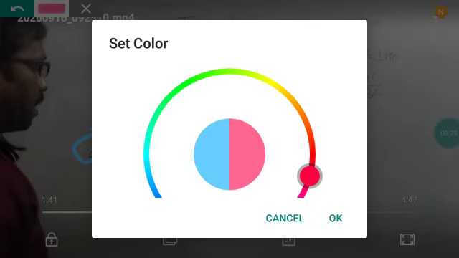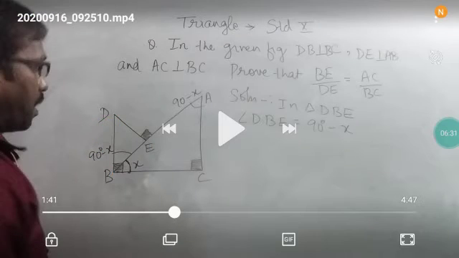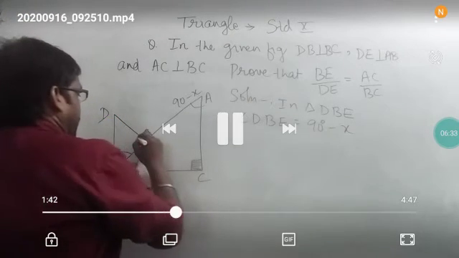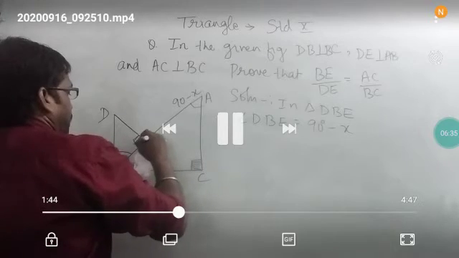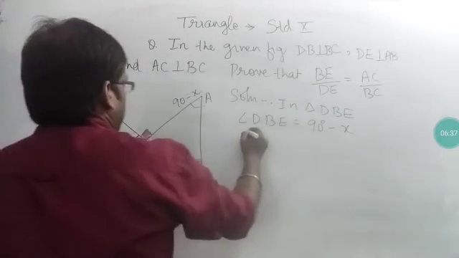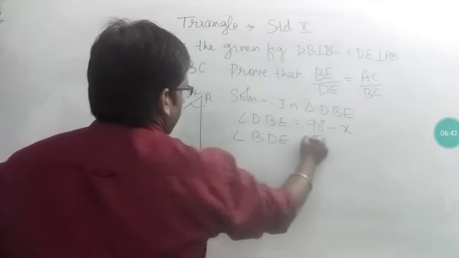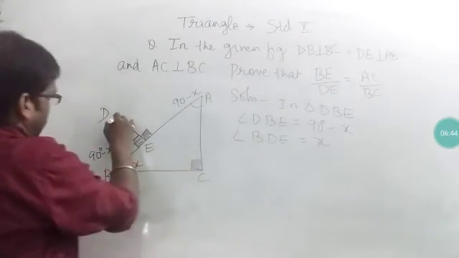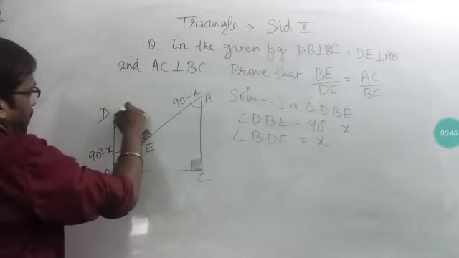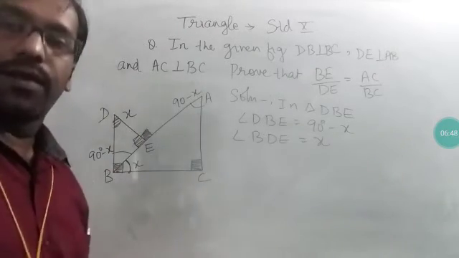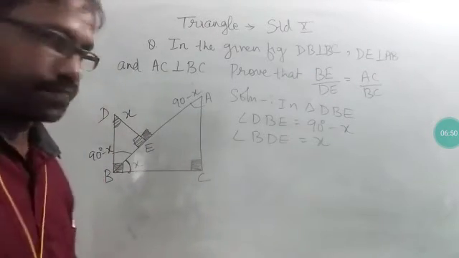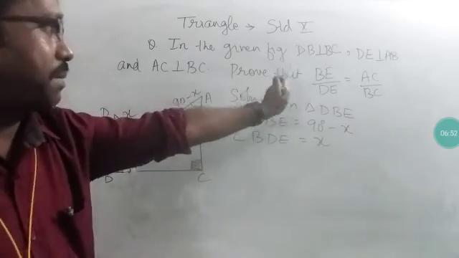Okay, now let us see what else can be proved here. This angle is 90 degrees already, so obviously angle BDE will be x. It's quite obvious. You can see through calculation also that it will become x only.